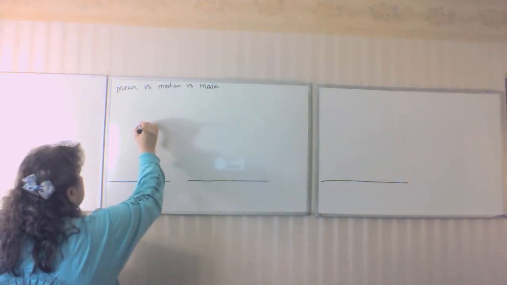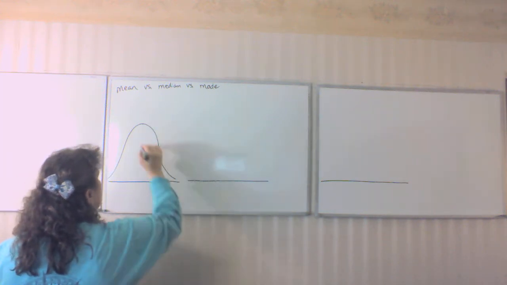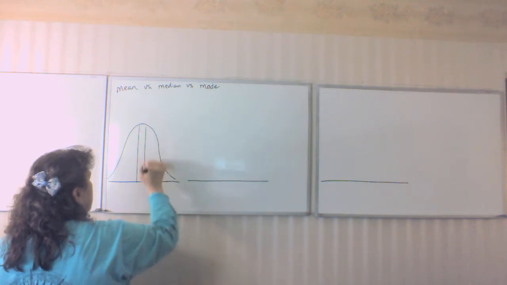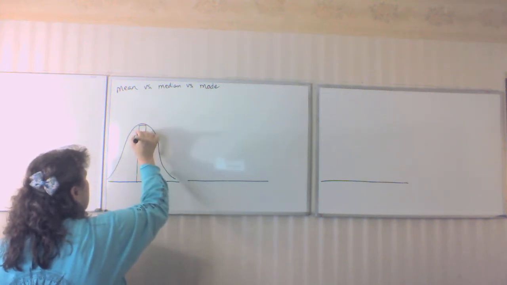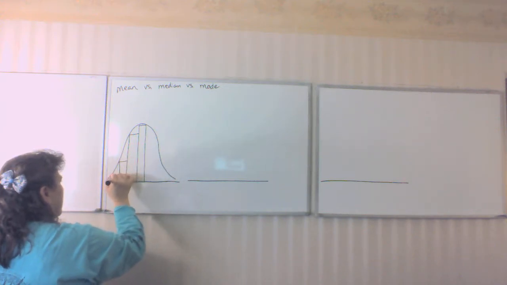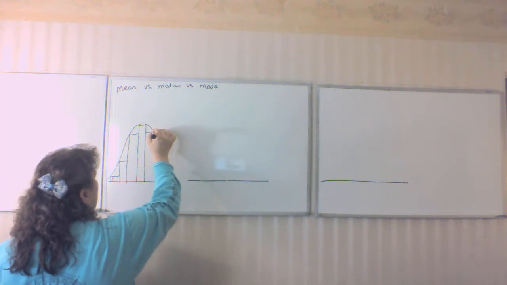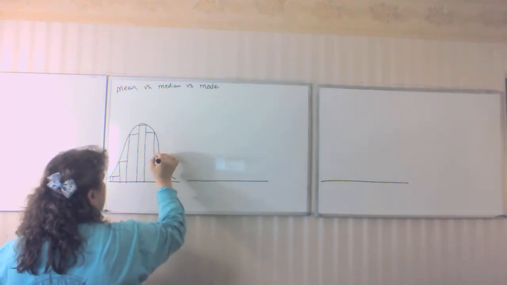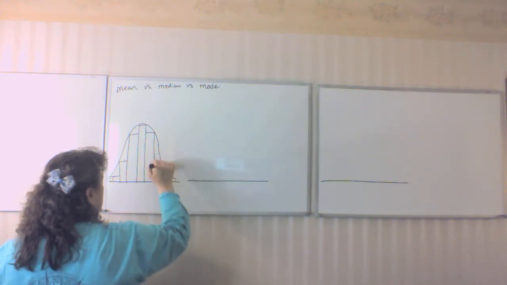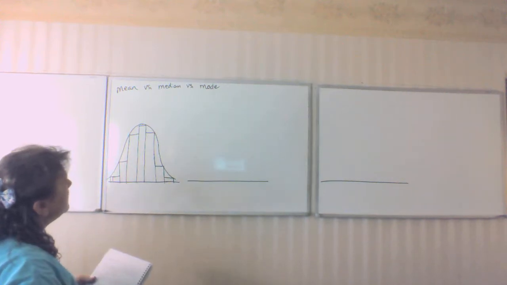A symmetrical graph looks something like this, and it's actually built on a histogram. If we were to draw a histogram underneath here, you would see the histogram drawing. Not very accurate, but that's pretty symmetrical.